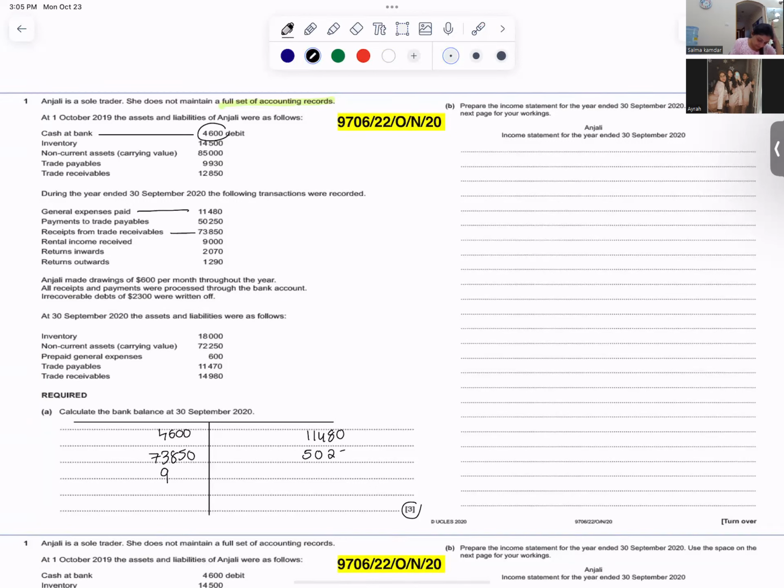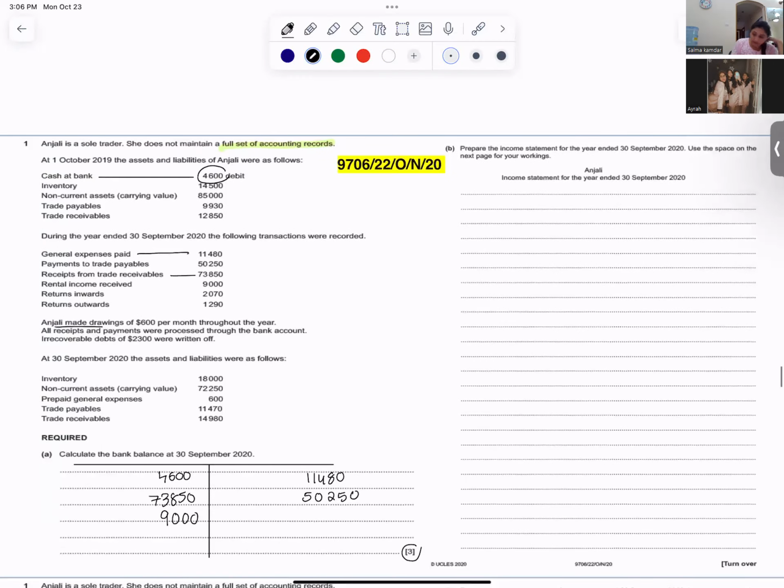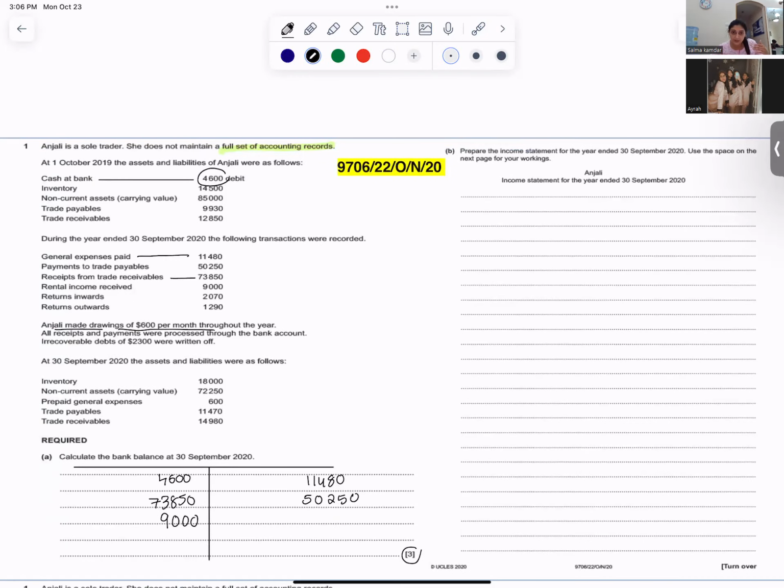After that, what? Oh wait, I'm just reading it. Anjali has made drawings of 600 per month throughout the year. So she has made some drawings, that means money has gone out.